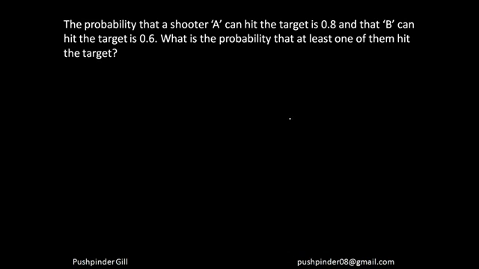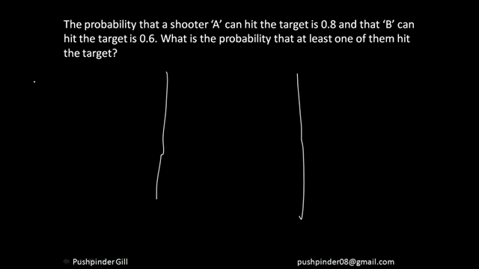The probability that shooter A can hit a target is 0.8. The probability that B can hit a target is this. What is the probability that at least one of them can hit the target? Now, if you just rewind the video, I told you a smarter way of calculating. I told you 3 ways of calculating at least one.